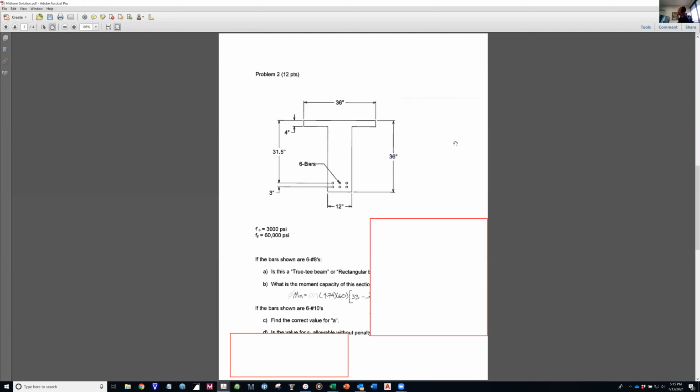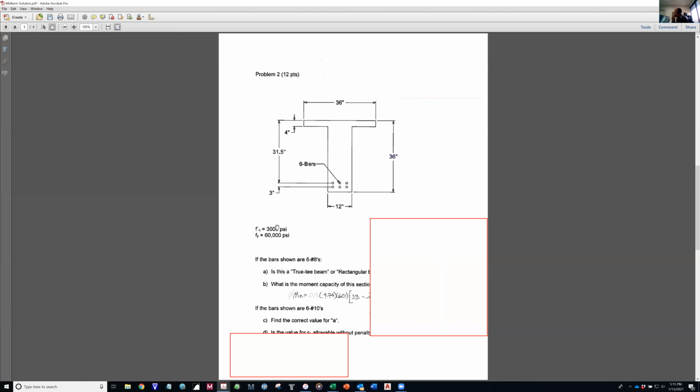Problem number 2 was our pseudo analysis problem with the T-beam. So the T-beam was set up with this geometry, and I gave you what the effective flange is, 36 inches. So there was really no reason to try to calculate an effective flange when it was given as 36 inches.